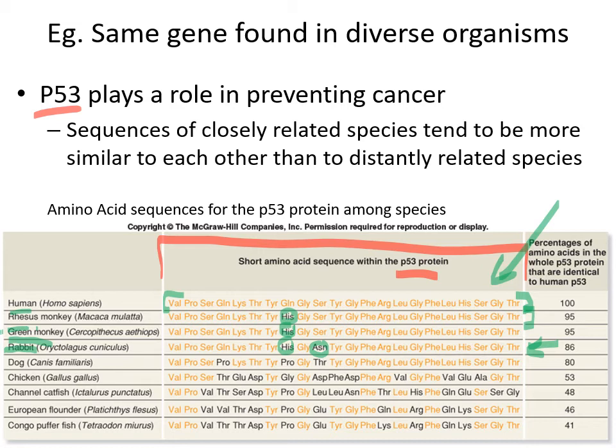As we move further and further apart, by the time you get all the way down to a fish, again, it has a lot of similarities. It's still 41% similar, but there are more differences between this gene in a fish versus this gene in a human, compared to this gene in a monkey versus this gene in a human.